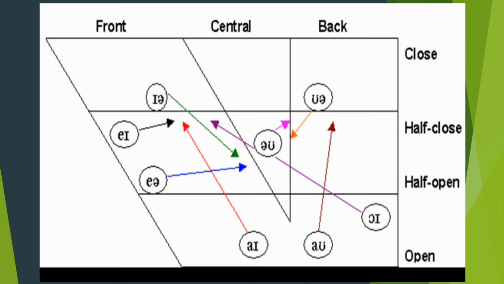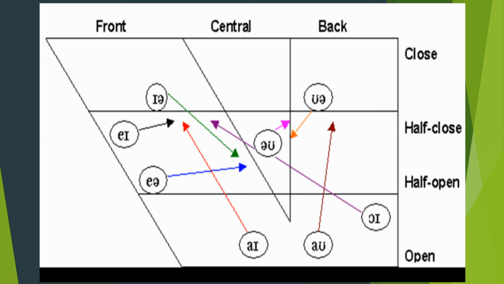In English, the gliding is basically towards three vowels only. There is a glide towards E. How can we describe the sound E? It is a front unrounded vowel just below half close. And then there is also a glide towards U, and the third gliding is towards A.